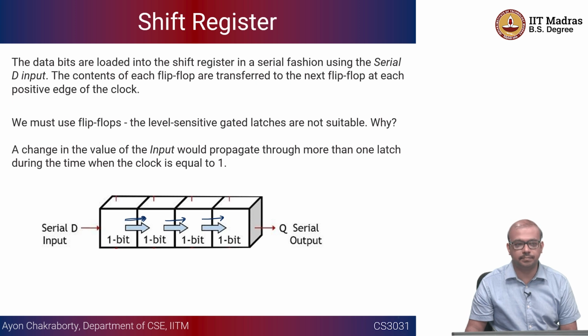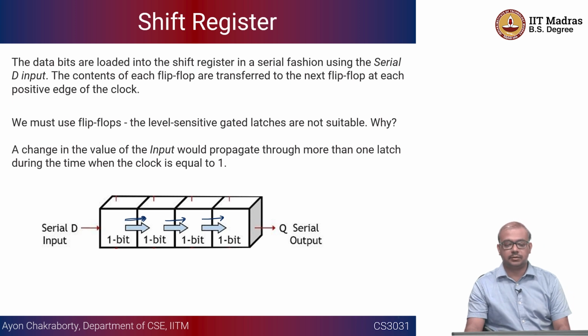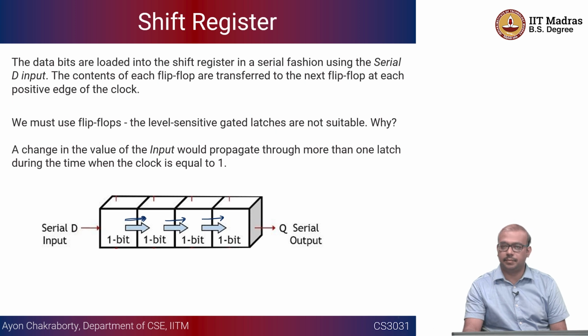In that way, you can be rest assured that there is no such ambiguity or problem that would have happened in the case of a level triggered latch. So definitely we use flip-flops in the register.